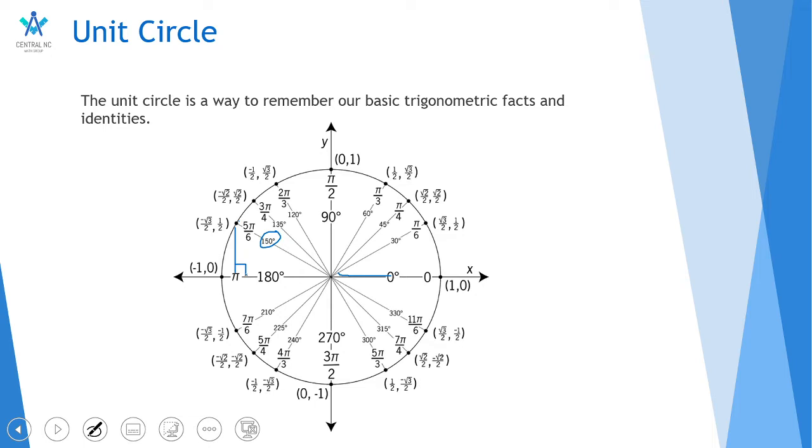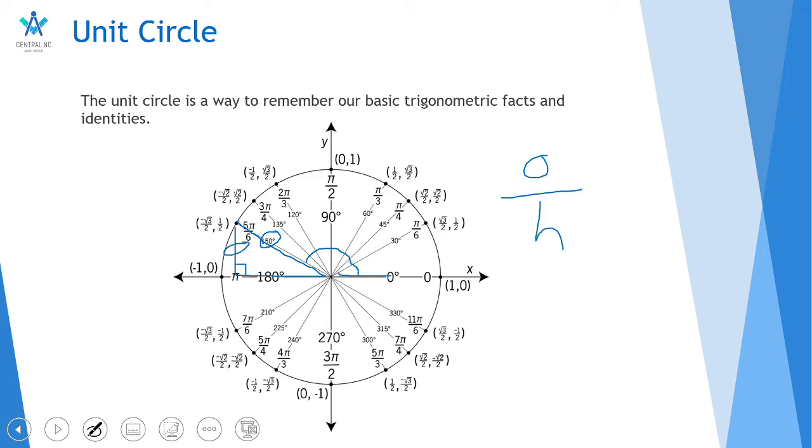I'm not sure if you can see this very well, but we have this angle of 150 degrees, and now what we want to do is find the sine of 150 degrees of this right triangle. So it is opposite over hypotenuse. The opposite side is this side.